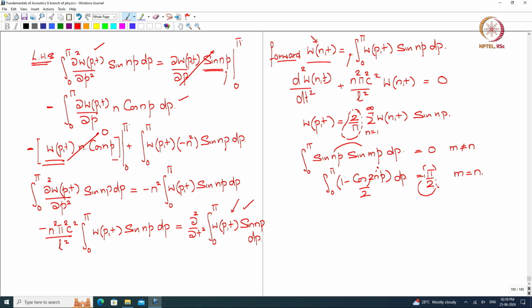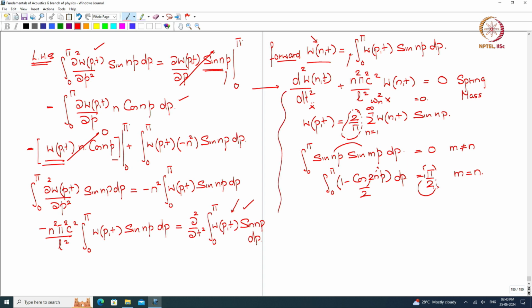Okay. So now let us see, we are here. That looks like a harmonic spring and mass equation, x double dot plus omega n square x equal to 0. So what do we do now?